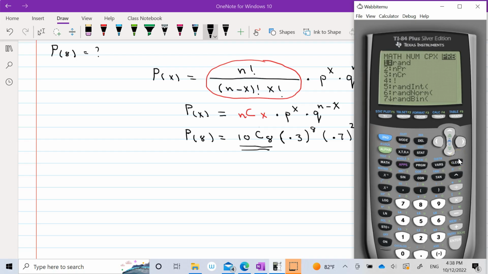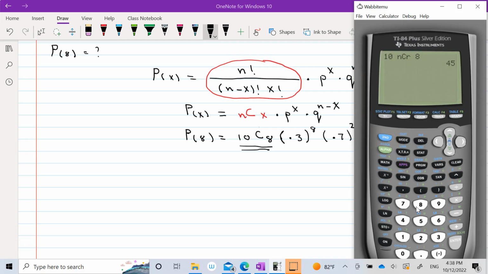But those of you using a TI-84, go to PRB. Now scroll down with your arrow keys. Find NCR, which is here, right? Number 3 is NCR. Enter. Now put your x. How much is your x? My x is 8. And again, enter. It gives you the answer.